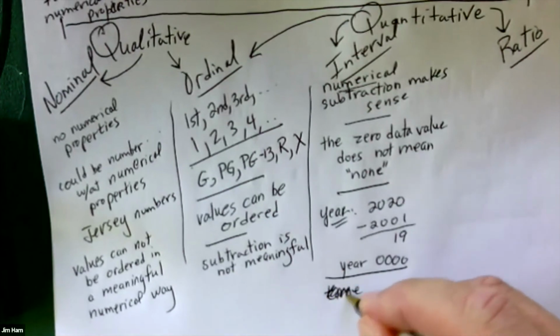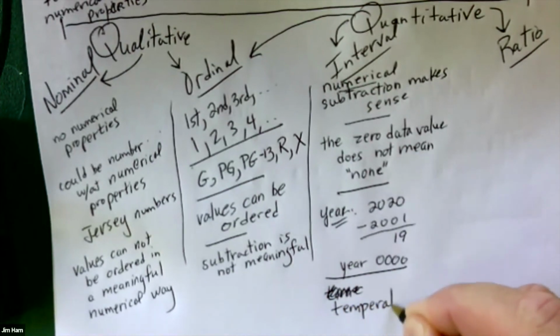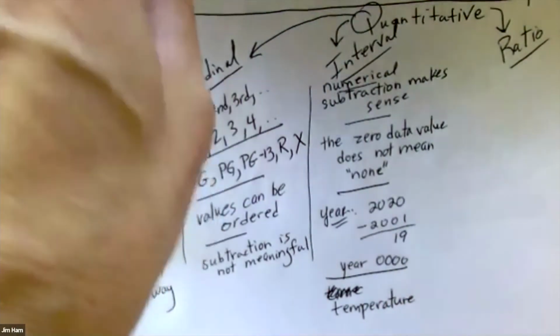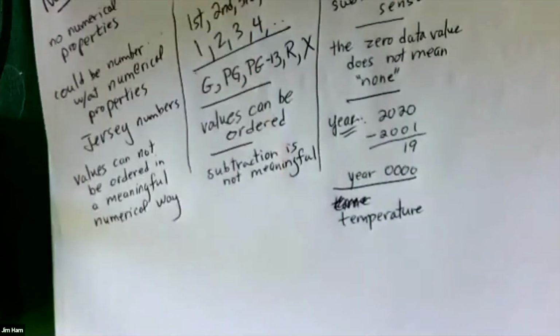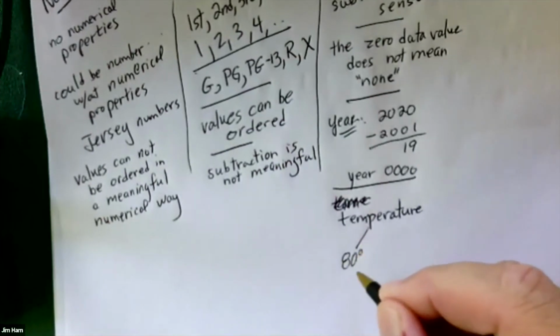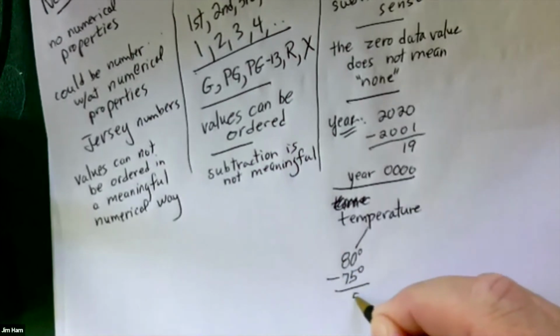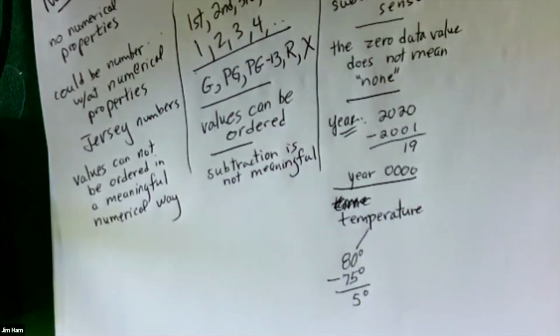The other one is temperature. Now for the temperature, we can say, well, it's 80 degrees today and it's going to be 75 degrees tomorrow. We could actually do a subtraction, and the subtraction makes sense. In this case, it means that there's a difference of 5 degrees in the temperature. So subtraction makes sense.